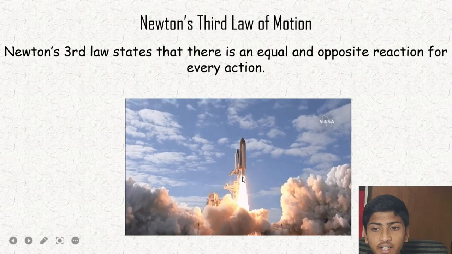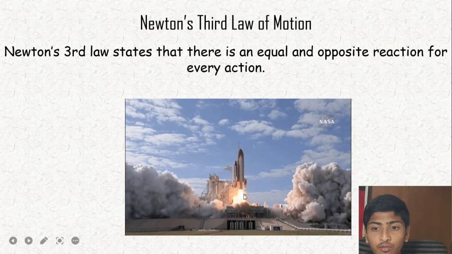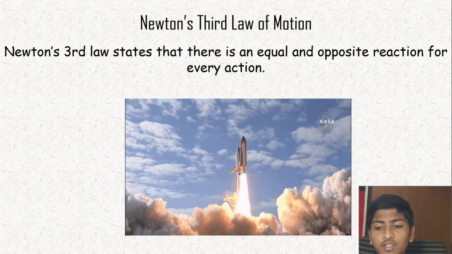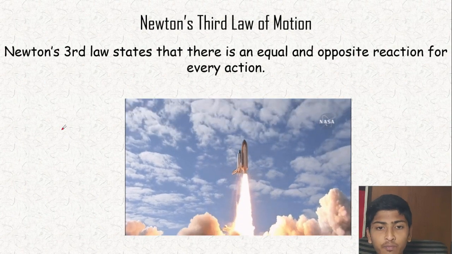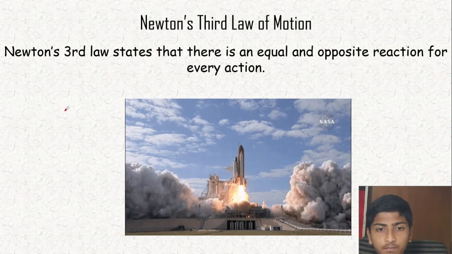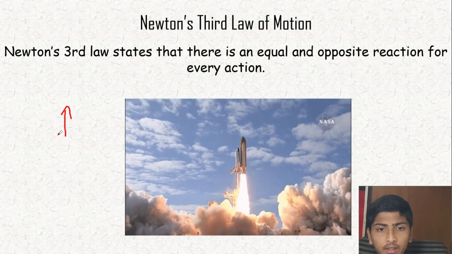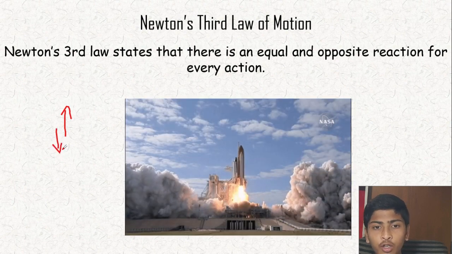When the rocket moves up, it produces an enormous amount of force downward to move upward. This makes the rocket move up. This tells about Newton's third law. When the rocket wants to go up, it pushes downward so that it can move upward.